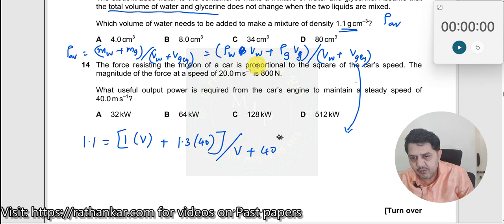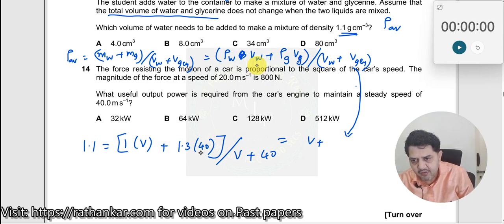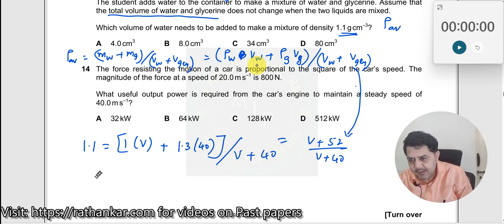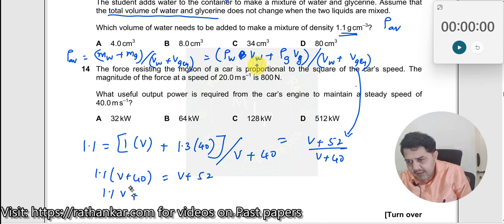Okay, so now let me expand this. This will be V plus 1.3 into 40 equal to how much? Which should be 13 into 4, which is 52. So 52 divided by V plus 40. Now I'll cross multiply this. I'll get 1.1 into V plus 40 is equal to V plus 52. So this will be 1.1 V plus 1.1 into 40, which is 44, equal to V plus 52.